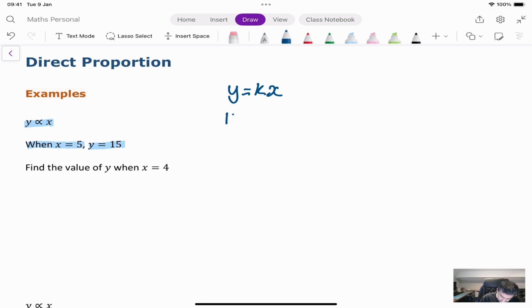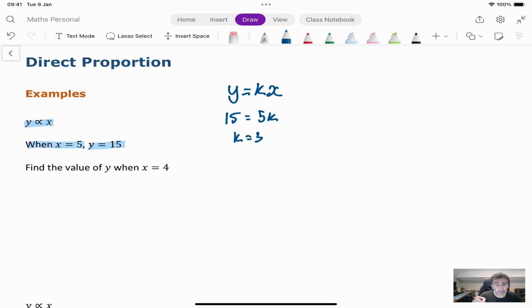So that tells me that 15 is equal to k times 5. I prefer to write that as 5k, as k times 5 and 5k mean the same thing. Now that I know that 15 is equal to 5k, that tells me that k must be equal to 3.